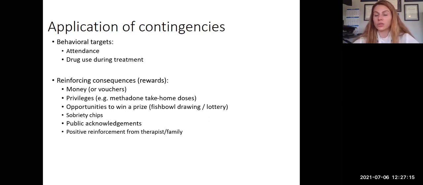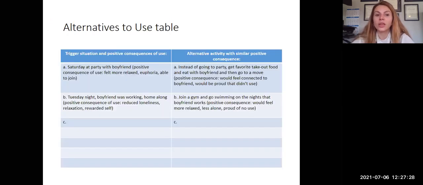Having some sort of contingency management program, or even a sobriety chip that you could provide for people, providing those public acknowledgements, whatever that may be, to reinforce the behaviors that you want to see more of. This can be extremely helpful for helping patients to shift, especially when they have lower internal motivation.